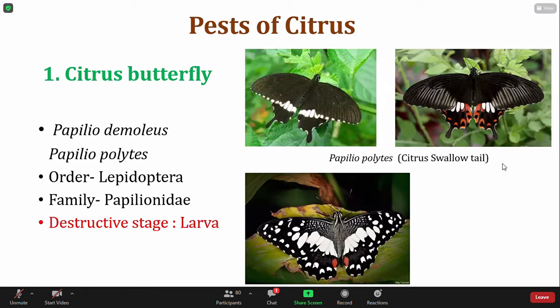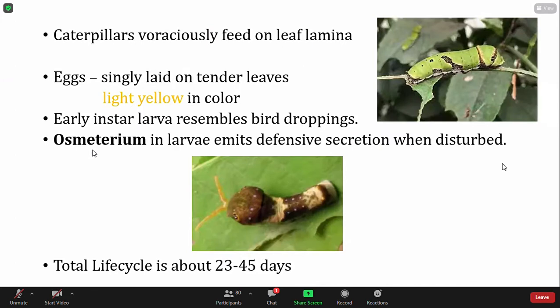The destructive stage of this pest is the larva. Caterpillars voraciously feed on the leaf lamina. You see here the caterpillar eats the leaf and leaves the midrib only.